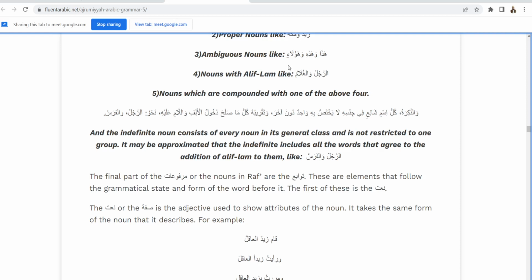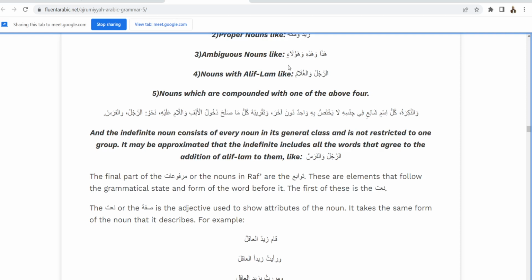It may be approximated: وتقريبه كل ما صلح دخوله الألف واللام. To make it clear, the indefinite includes all the words that accept the addition of alif and lam. Like رجل, فرس, we say الرجل, الفرس.